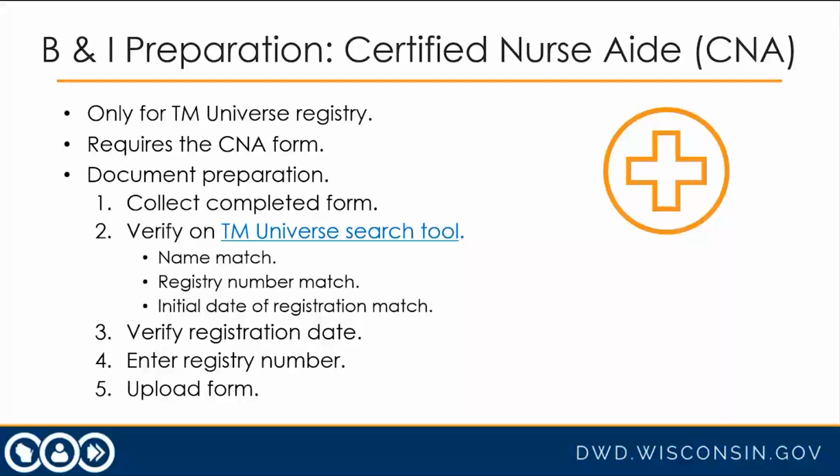We're concerned with the initial date of registration, and it's okay if the certification has lapsed. Enter the registry number into the claim, including the WI. Double check it for missing, extra, or transposed digits, and then upload the student's completed form with the claim.